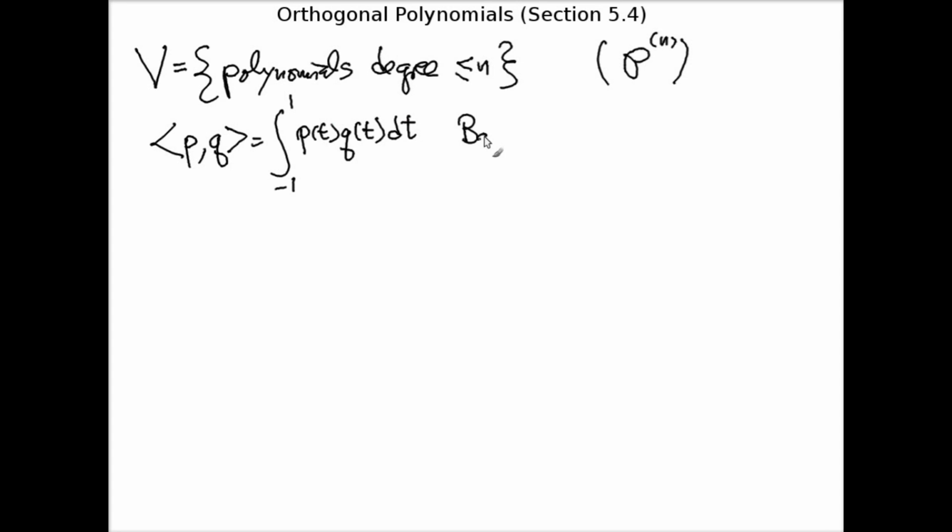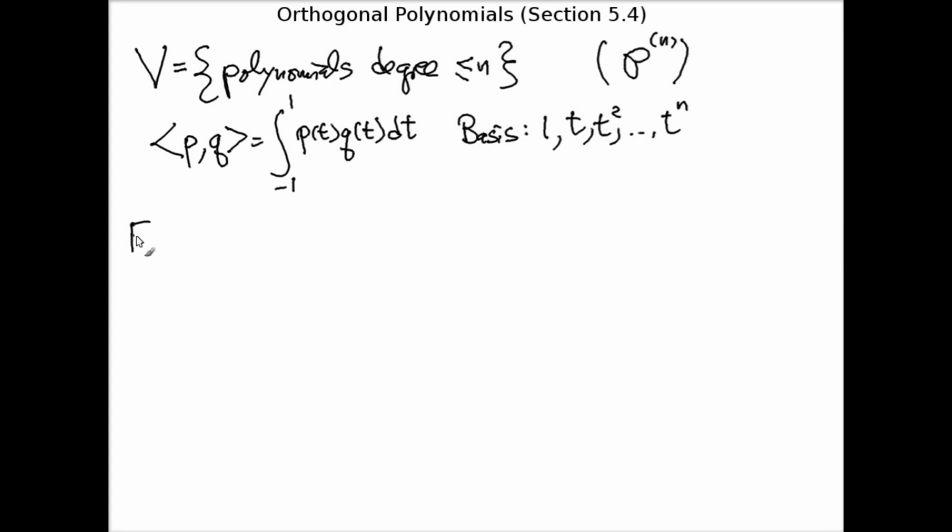And a basis of this space is the constant function 1, t, t squared, up to t to the n. On the previous slide, I used x here, but I'm going to be using the variable t. You can use whatever variable you want. I'm going to be using t.